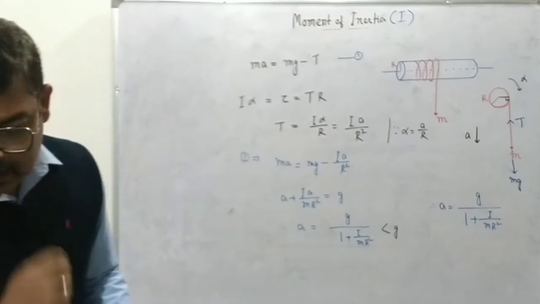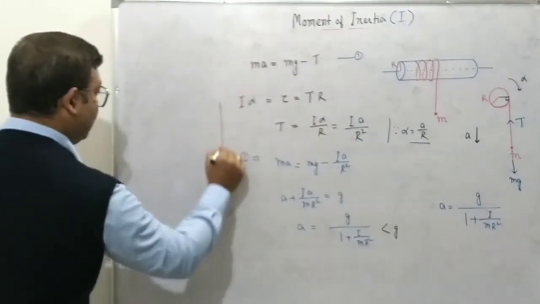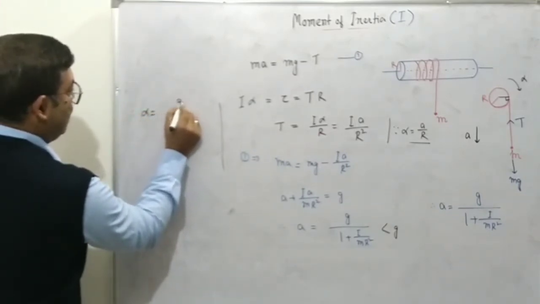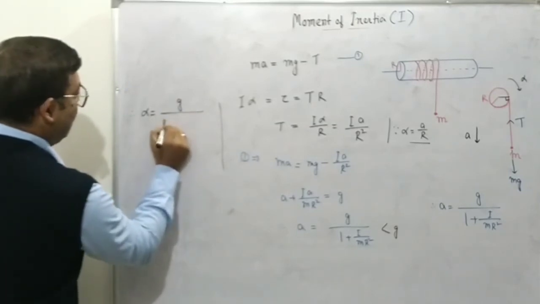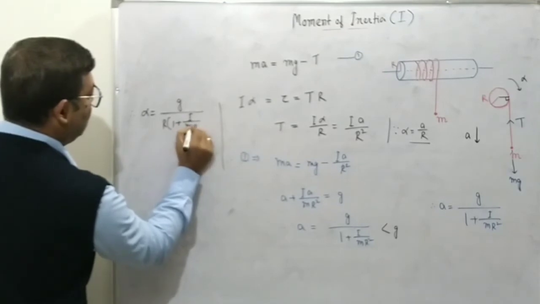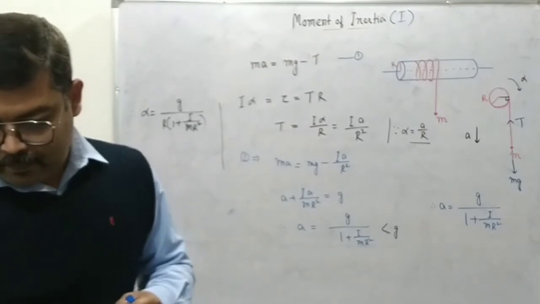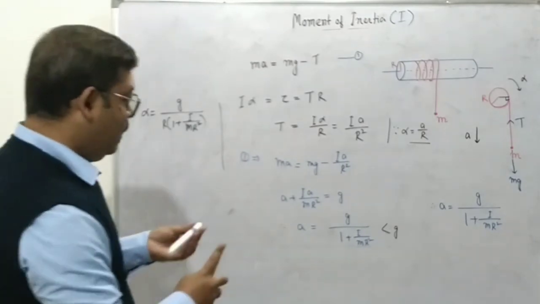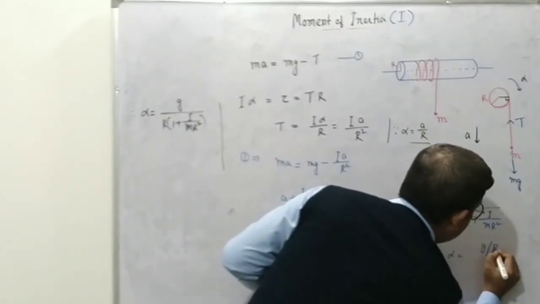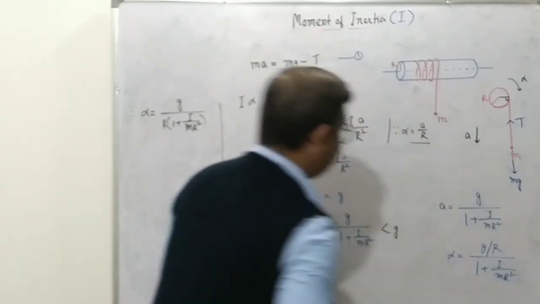Now, since alpha equals a by R, alpha must be equal to g by R into 1 plus I by m R squared. That is to say, the angular acceleration alpha is given by g by R divided by 1 plus I by m R squared.